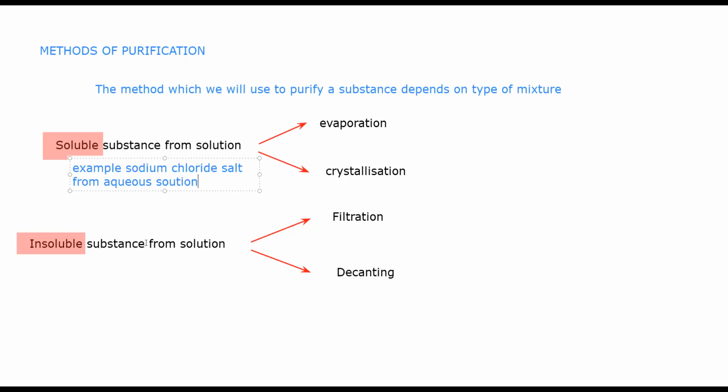So we can use evaporation or we can use crystallization. But if you want to separate an insoluble substance from the solution, for example sand from water, we can either filter it out or we can use decanting.